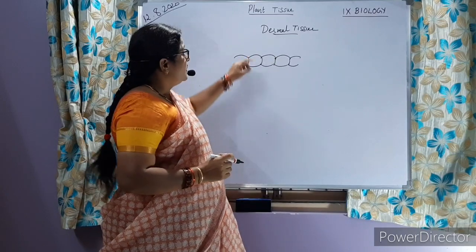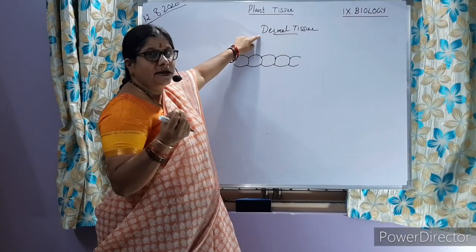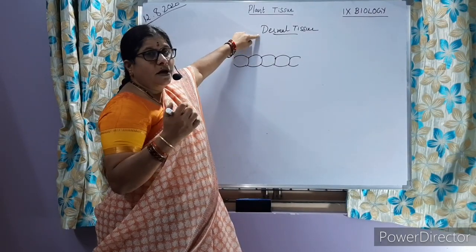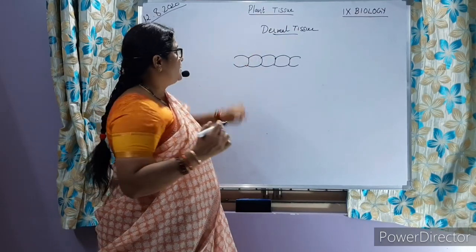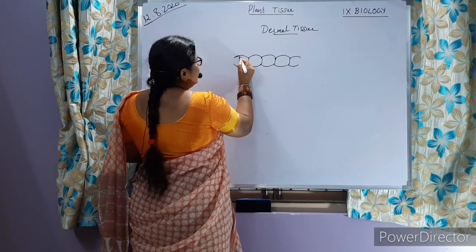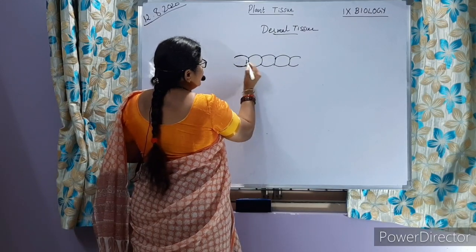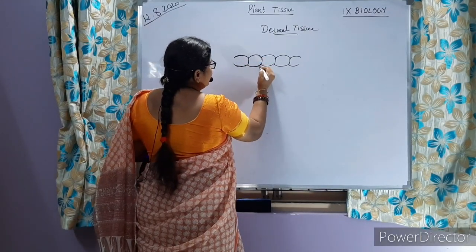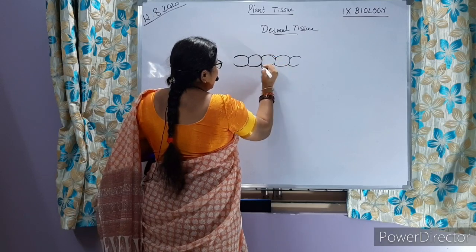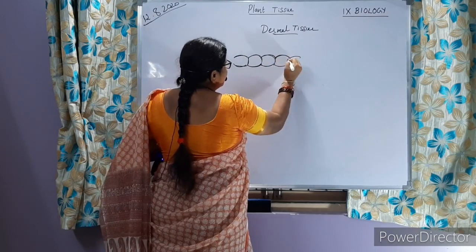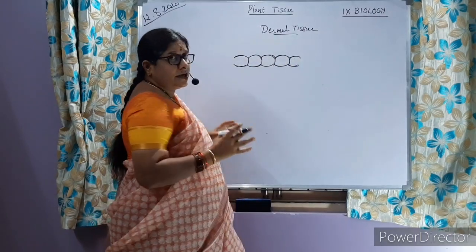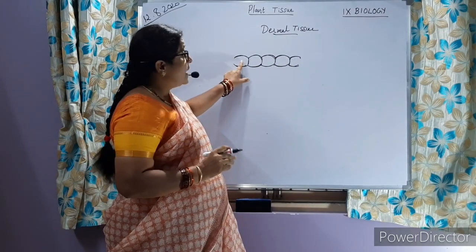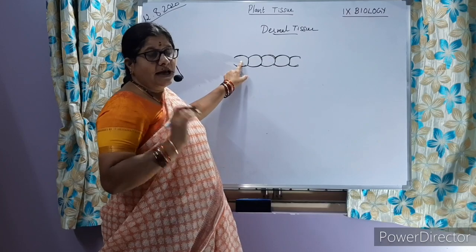Okay, so now the dermal tissue, you can understand from the name itself, it is present as a covering tissue. The cells of this tissue are very thick. The cell wall of this dermal tissue is very thick in nature and the cells are smaller in size, and they are present very close to each other, closely packed, and they are single layered.